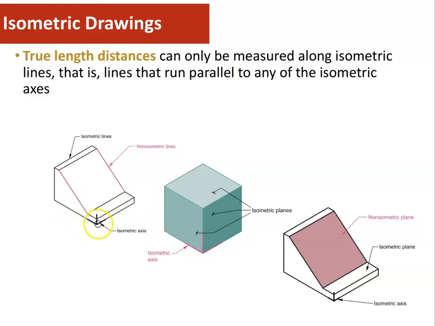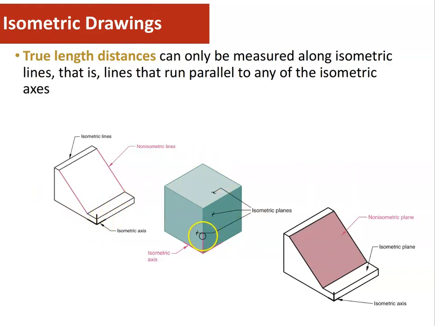For example, this is the actual distance, this is the actual distance, this is the actual distance. It's not foreshortened. But anything that is not on the axis can be foreshortened, so it's not going to reflect the actual scale. So this is also an isometric line because it is parallel to the axis.